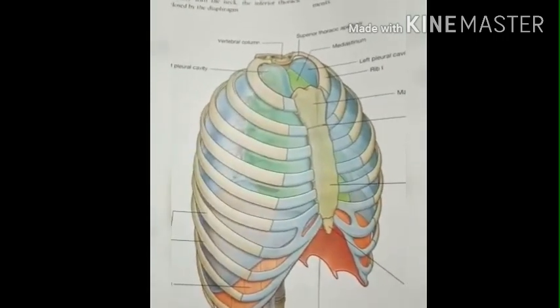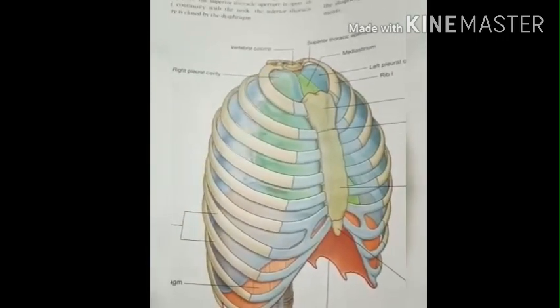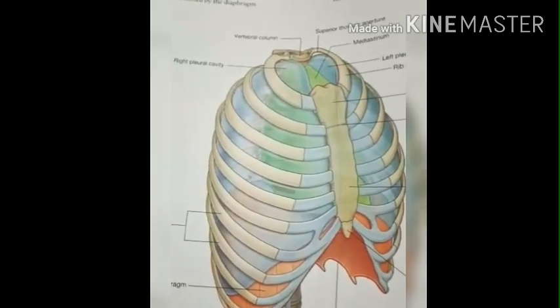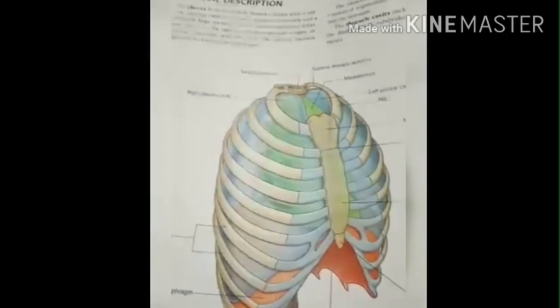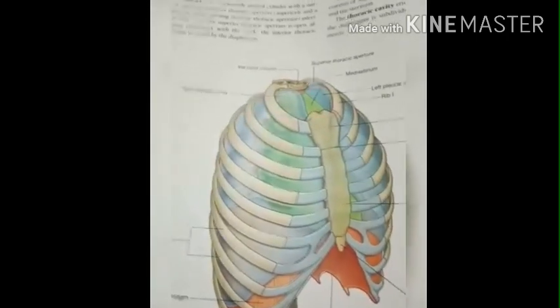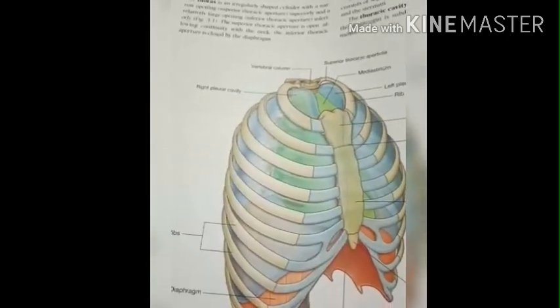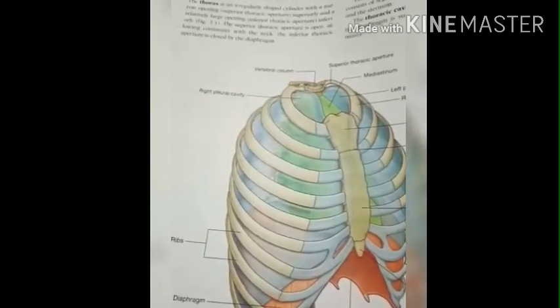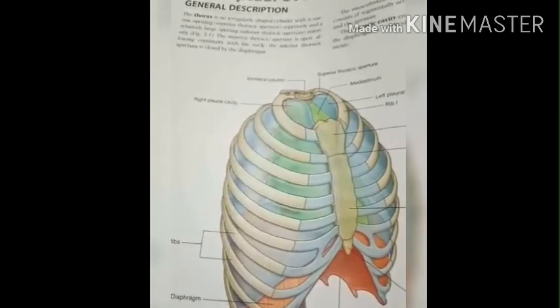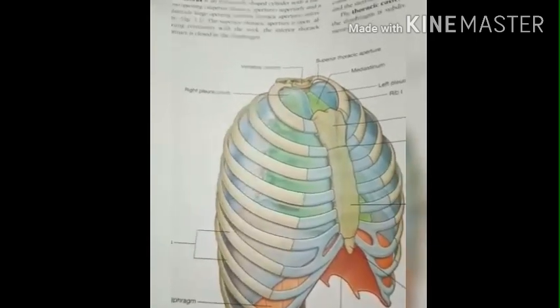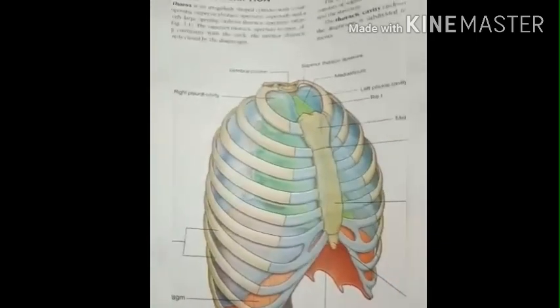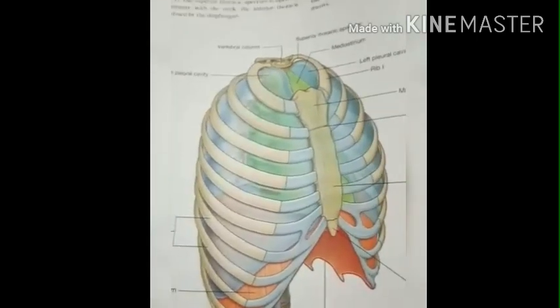Aorta arises from the heart, especially from the left ventricle, and after arising, it forms the arch of aorta. When it passes through the thorax, it is known as thoracic aorta, and when it passes through the abdominal cavity after passing through the diaphragm, it is known as abdominal aorta.